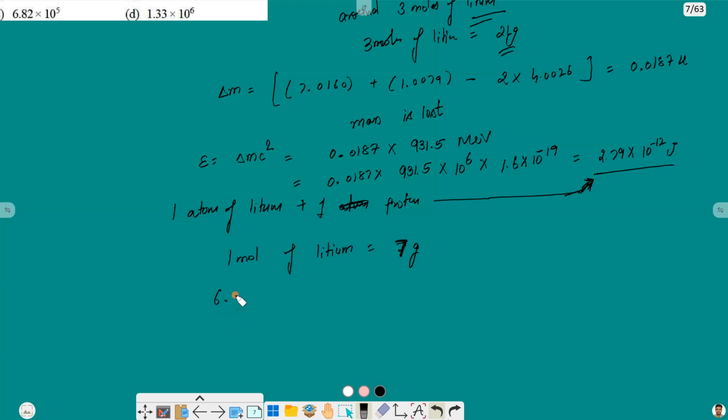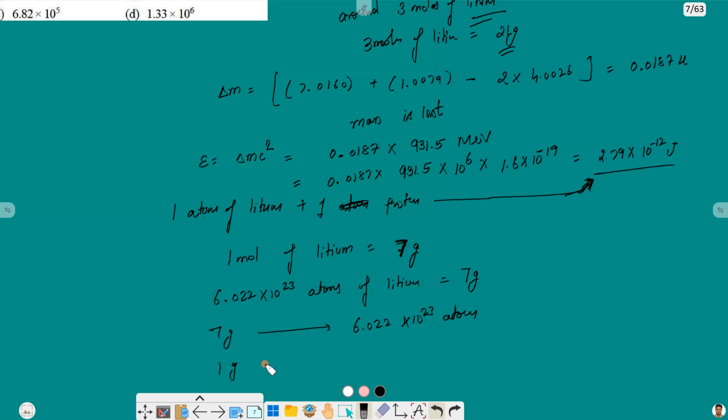In 1 mole we have Avogadro number of atoms. So 6.022 into 10 to the power 23 atoms of lithium equals 7 gram. Now if we reverse this, 7 gram of lithium is equal to 6.022 into 10 to the power 23 atoms.